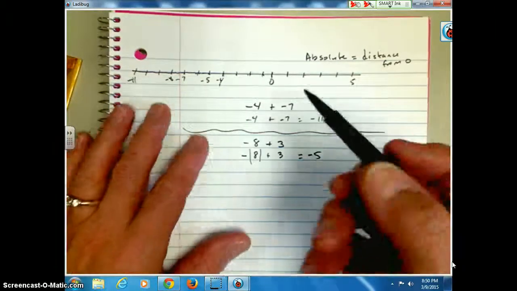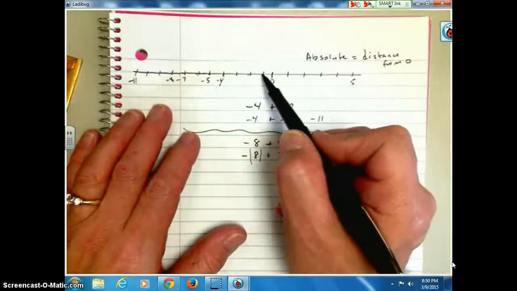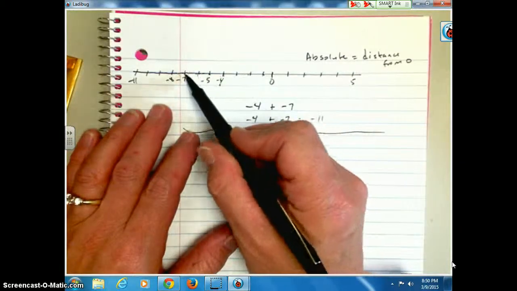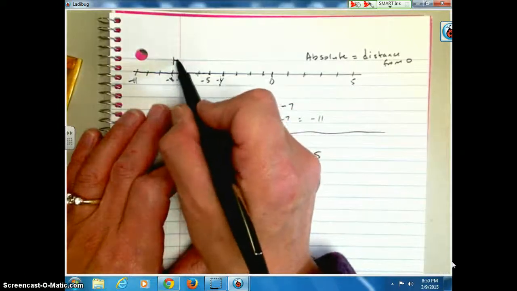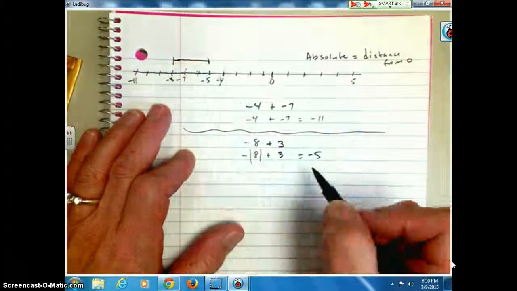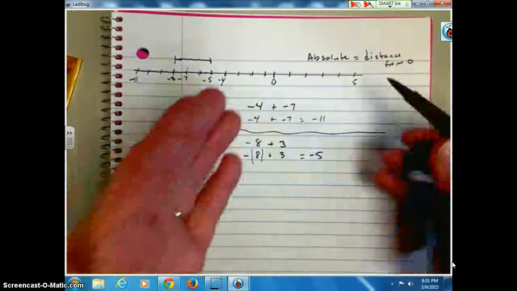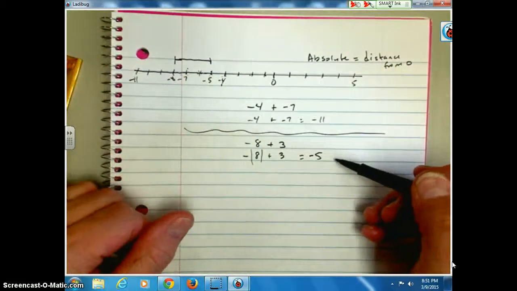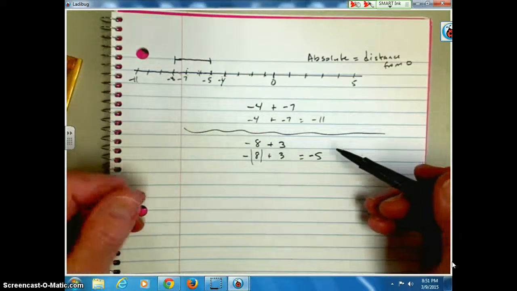Same thing if we went back and used our number line: we have negative 1, 2, 3, 4, 5, 6, 7, 8, and then we had a positive 3, and we could go to the right for 3, 1, 2, 3, and we land on a negative 5. So you can see it by using a number line. Some people just figure it out by using the absolute value, or the distance from 0, and they find the difference of the two.